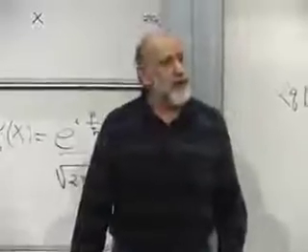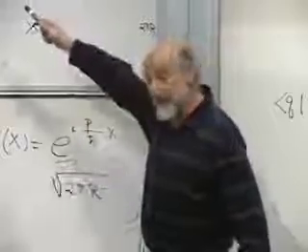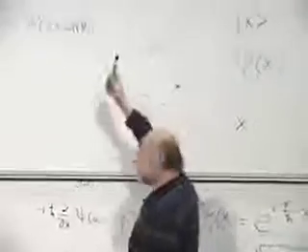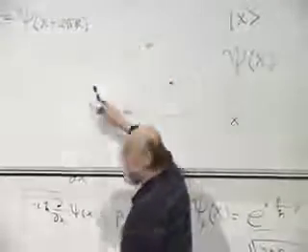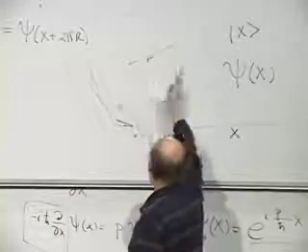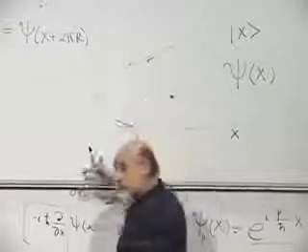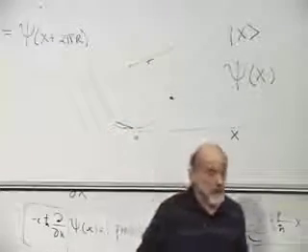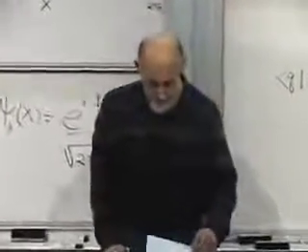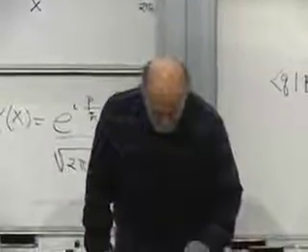So the quantization of angular momentum ultimately has to do with the periodic nature of the angle variable. The angle around the origin here is clearly a periodic variable. Wave functions have to be periodic, even if you're not restricting yourself to motion on a circle, even if you can move anywhere in space, still, when you go around a closed loop here, the wave function has to come back to itself. And that's the ultimate content of the quantization of angular momentum. That if you rotate around by 2 pi, you come back to yourself. You come back to the same thing.